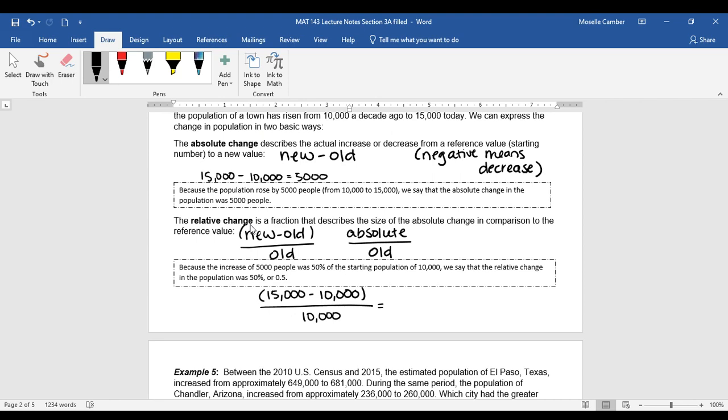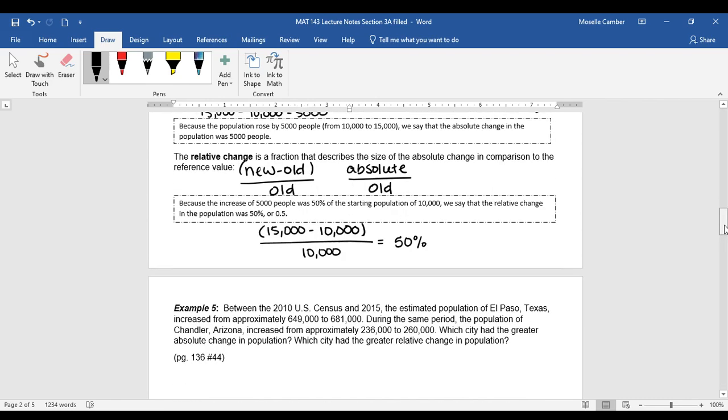Otherwise, you'll get 15,000 minus the 10,000 divided by each other, which means your answer would be 14,999, which is not correct. So we have 15,000 minus 10,000 divided by 10,000, and you would end up getting 0.5 or 50%. So we say the relative change of this population is 50% or 0.5. Notice again that because it is positive, it means we are increasing and not decreasing.